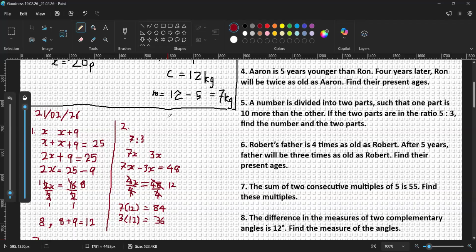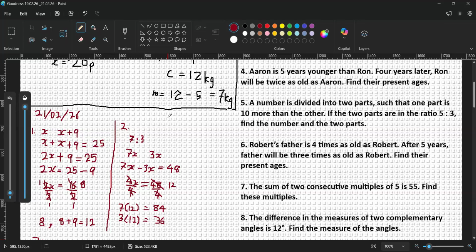That's 5 minus x. So why did you say 5 minus x? Now I know you don't have a sibling, but let's pretend you have a sibling. A sibling that you are 5 years younger than, how would you relate your ages?